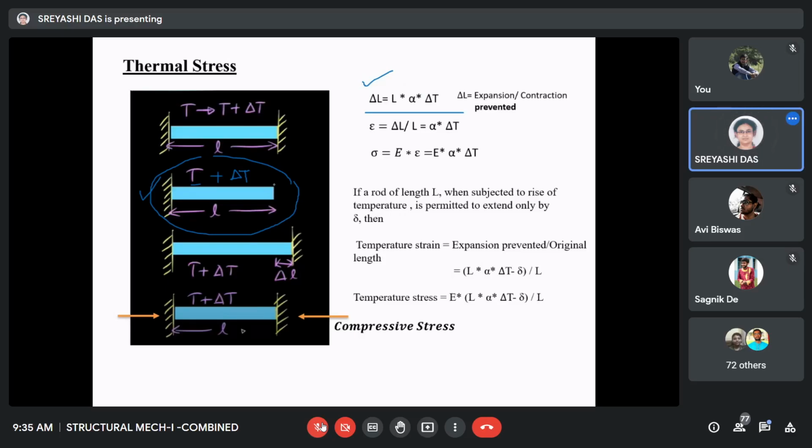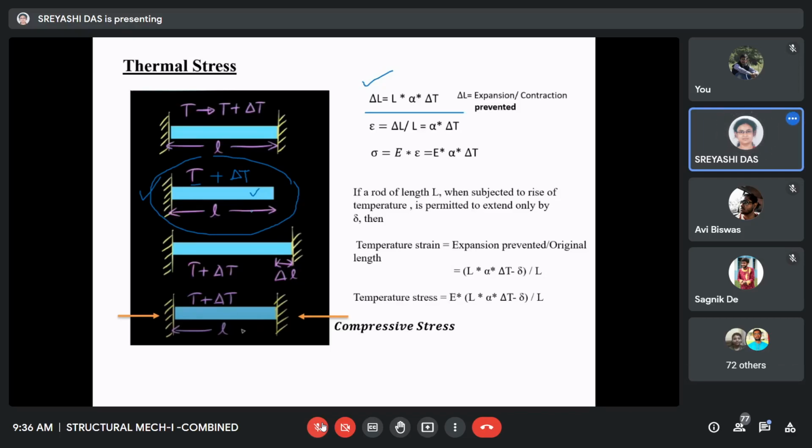Now if this is the free end, will any stress come here? No. That means if it is getting sufficient space for elongation, then no stress will come in between. So no stress will come in the material because it is getting that space.